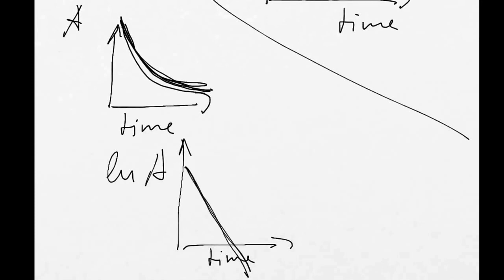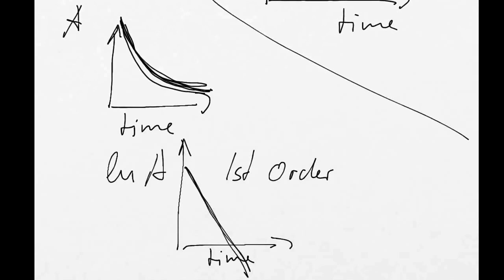If it does give me a straight line, I know it is a first order. If the zero order gives a curve, then I go to the next step, plot ln A versus time. If that gives a straight line, it must be a first order reaction.